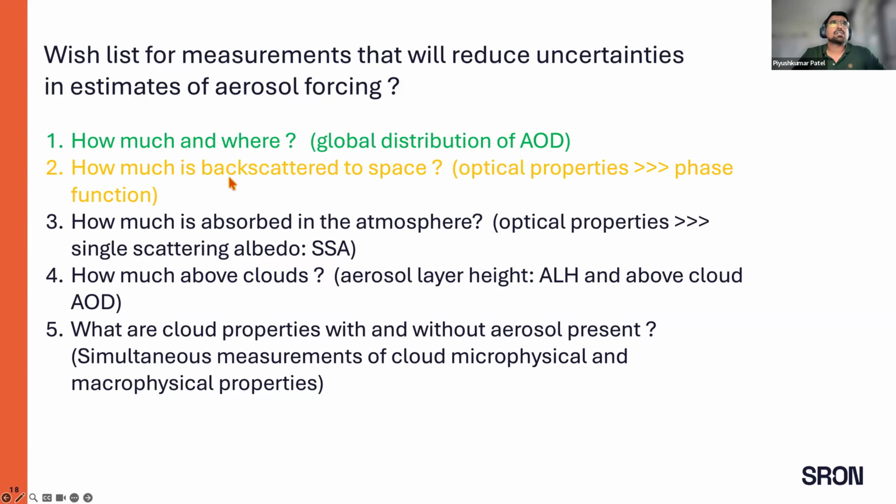They provide some information on backscatter to space, like single scattering albedo or the aerosol index. But we still need more information about how much is absorbed in the atmosphere. We have SSA information from OMI and TROPOMI, but it is still not as accurate as we need for the calculation of radiative forcing in climate models. And we also need information on how much aerosol is above the cloud.